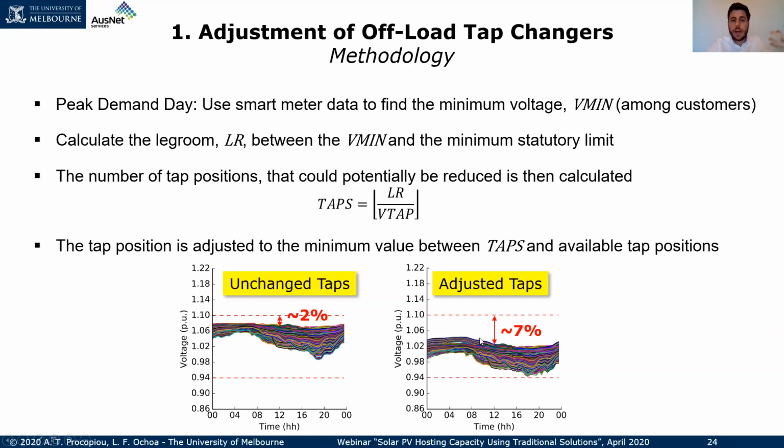We identified that we can actually reduce the transformer by 2 taps in this particular case, and therefore this will allow us to increase the voltage headroom to 7%. So essentially, we allow the higher voltage rise to come into the network without impacting the voltage limits. So that's the first methodology.